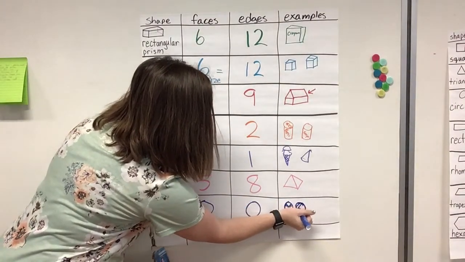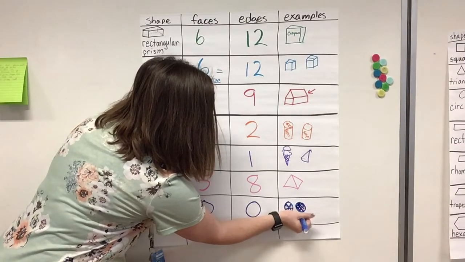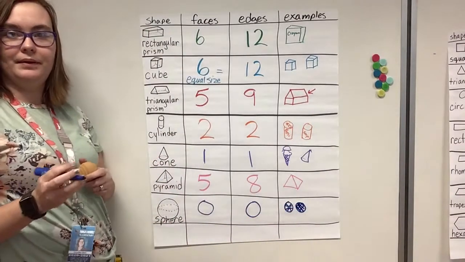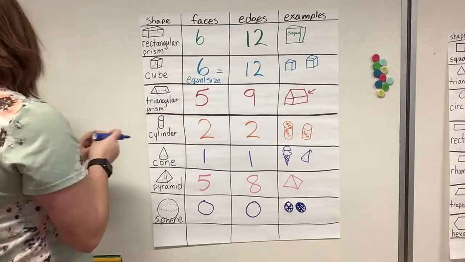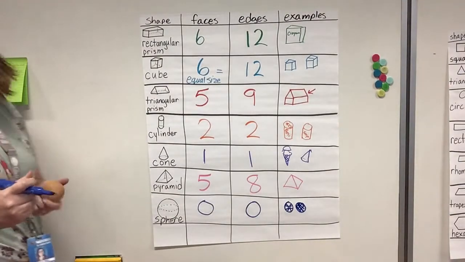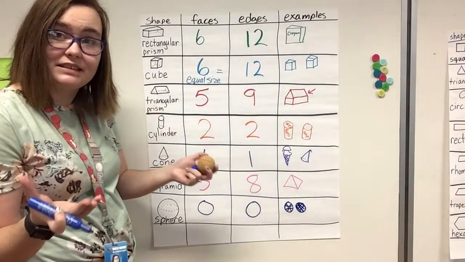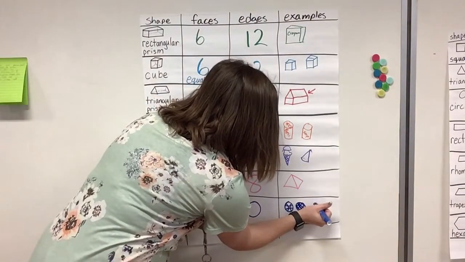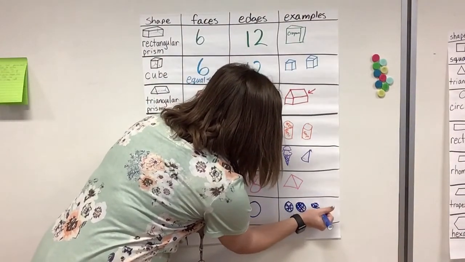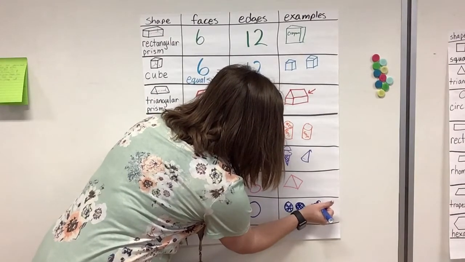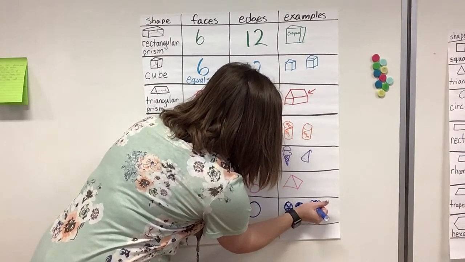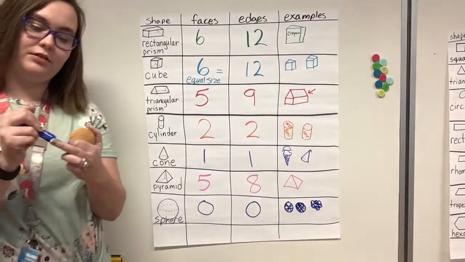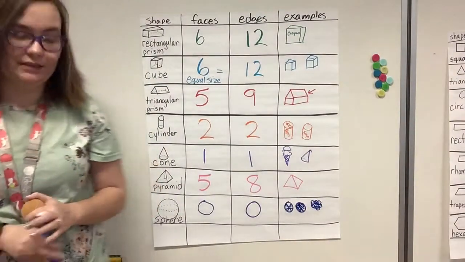I know lots of us play soccer, so I wanted to bring that one up. Another thing that is a sphere, if you've ever made these before, is popcorn balls. Popcorn balls are a sweet treat made out of popcorn. They're very yummy. It's kind of like it has caramel. So those are also spheres.